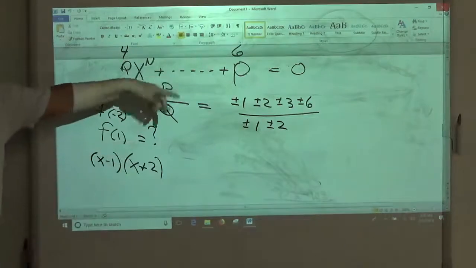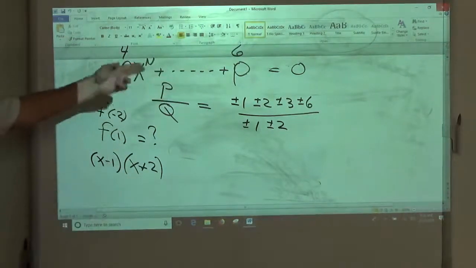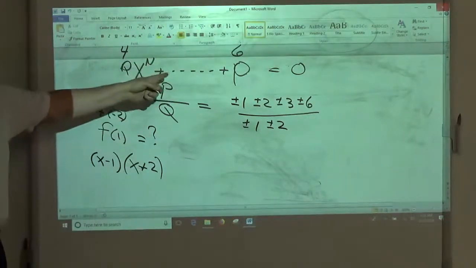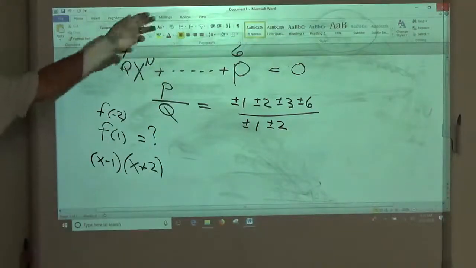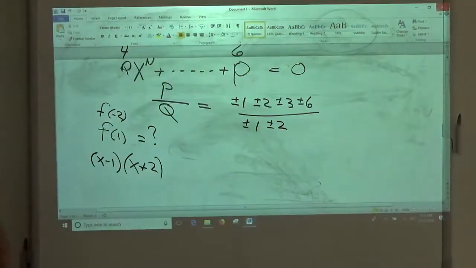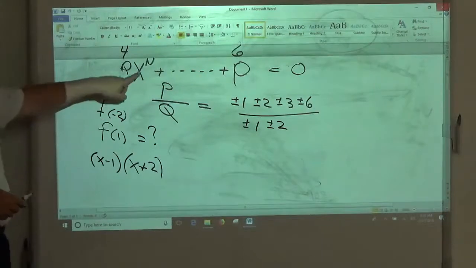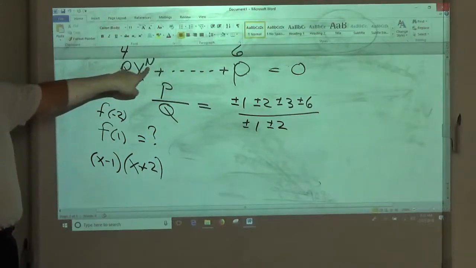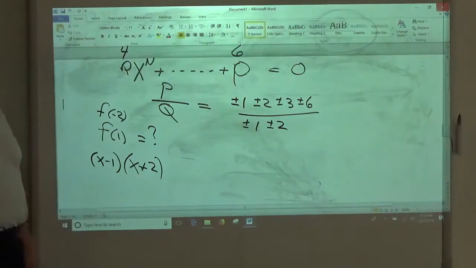And then you keep checking. You'll check 3 and negative 3, check 6 and negative 6, and then you have to check 1/2, and you'll have to check 3/2. And depending on what this exponent is, if this exponent is a 4, you're looking for 4 answers. Now sometimes you find them and they're all real, sometimes they're not.